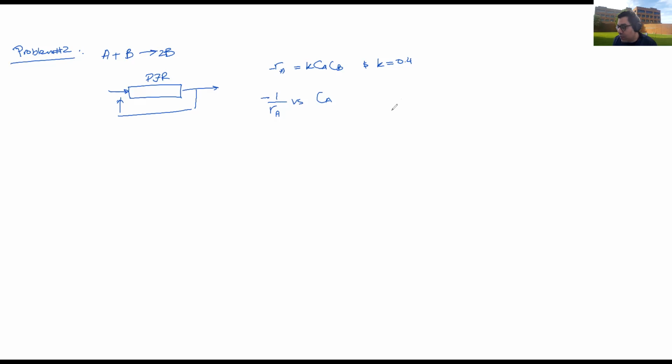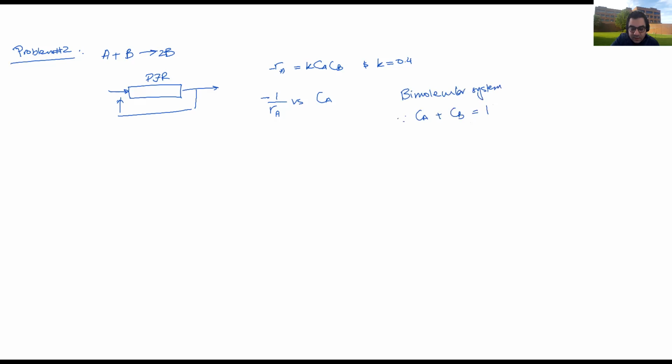And one thing you need to know, for this type of system, so if I have a bimolecular system, CA plus CB is equal to 1. In this case, I'm being told that the concentration of A over concentration of B is equal to 1.